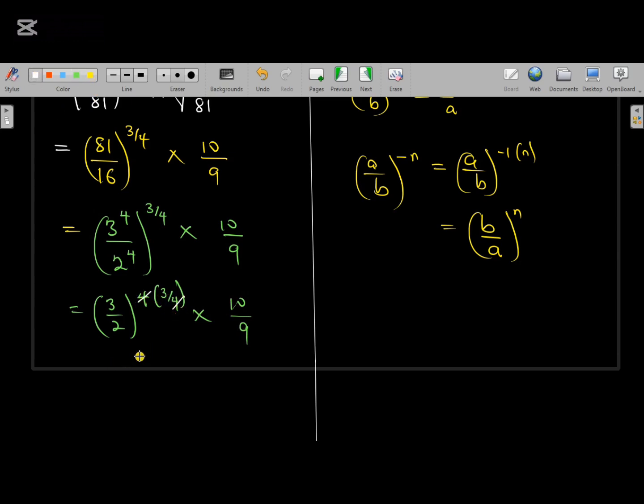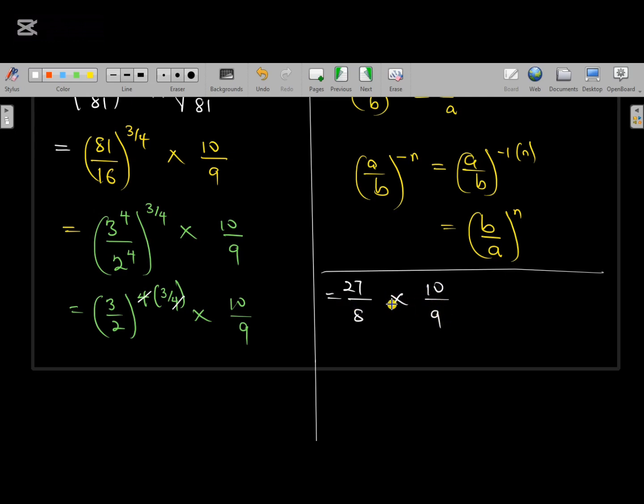So you just have 3 over 2 raised to the power of 3. Okay, so you can return back our power. So 3 raised to the power of 3 will be 27, all over 2 raised to the power of 3, which will be 8. And this is multiplied by 10 over 9.